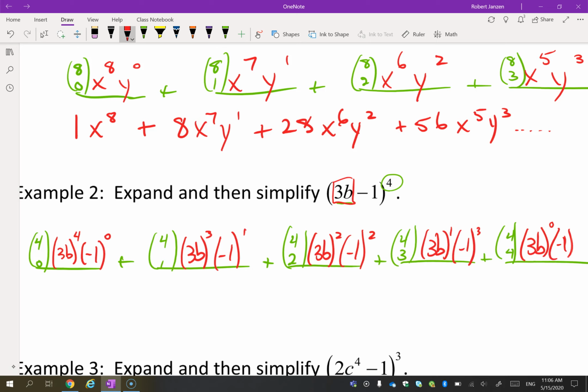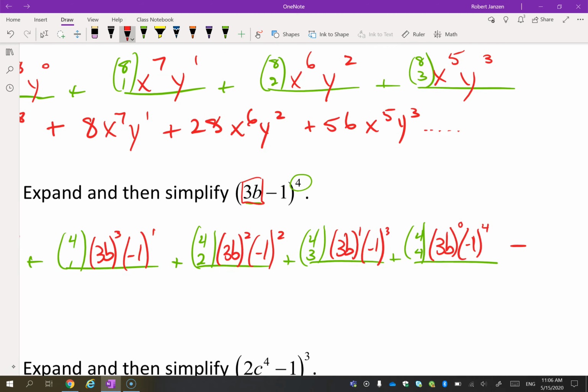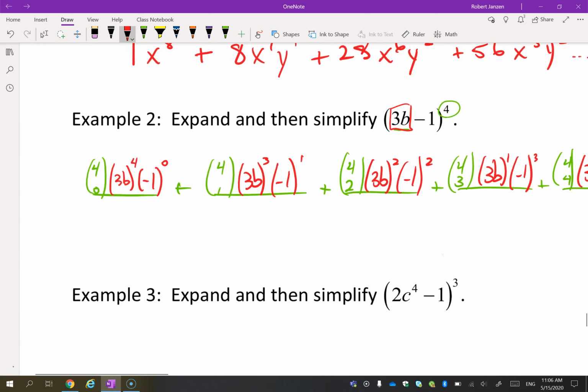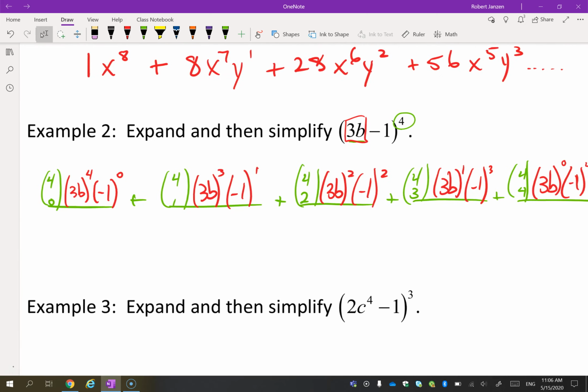All right, this is how we're going to get some negative terms in there. You should do a quick visual check to make sure that everything seems to be right here. You know, we're going 4 choose 0, 4 choose 1. The powers add up to 4 in each case, so it looks good. Okay, now let's simplify. Well, 4 choose 0, that's 1. Now here's the tricky part. What is 3b to the power of 4? This is 81b to the power of 4, and negative 1 to the power of 0 is 1.